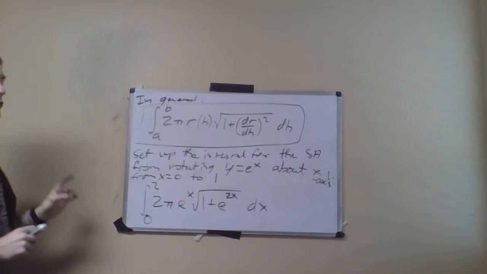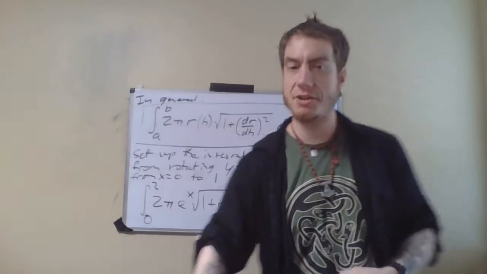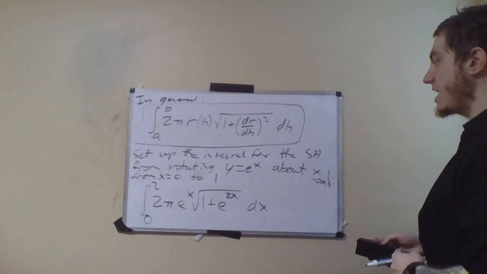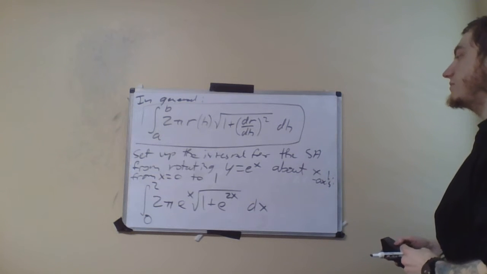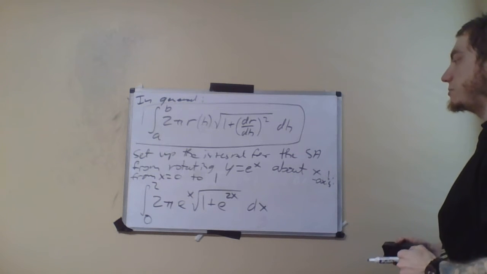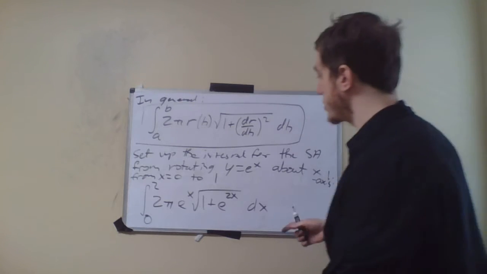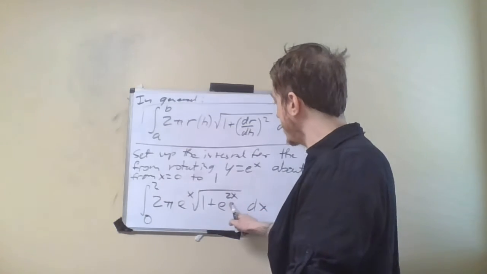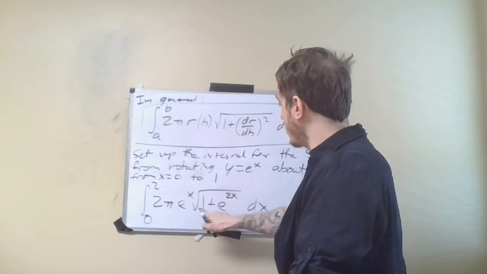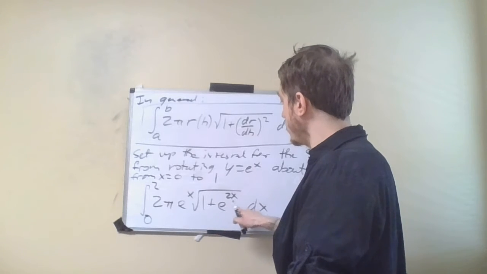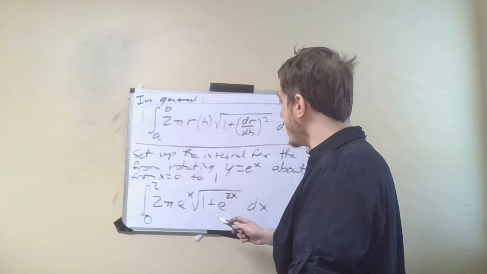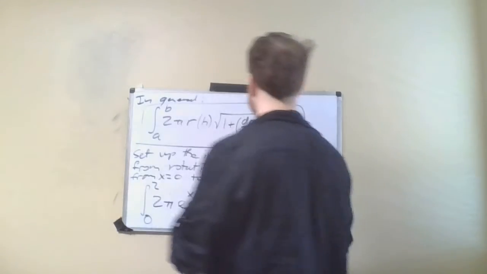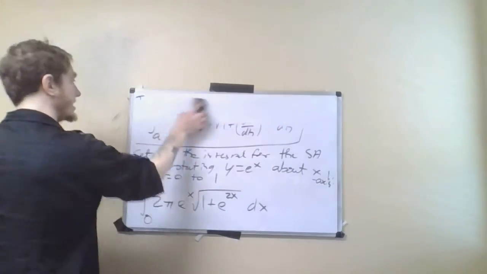Now, this is actually a relatively straightforward integral to solve, because you could do this with a u substitution, right? So you could say, let's let u be equal to 1 plus e to the 2x, and then let's just write it out and do it, because that's probably easier.